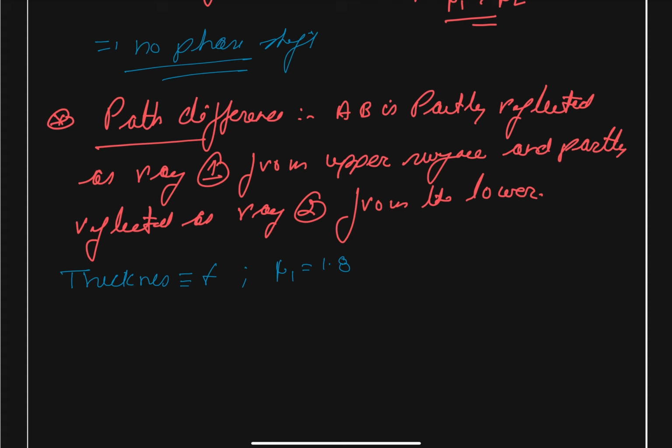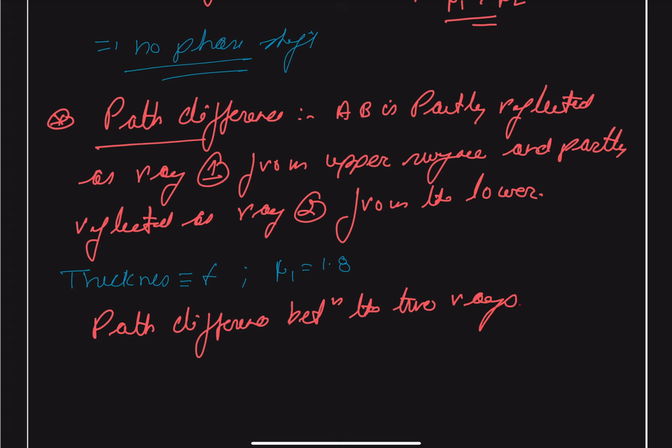So we can write the path difference between the two rays, that is delta x, will be equal to 2 mu1 t, and substituting the value we get 1.8 multiplied by t, which comes to 3.6 times t.